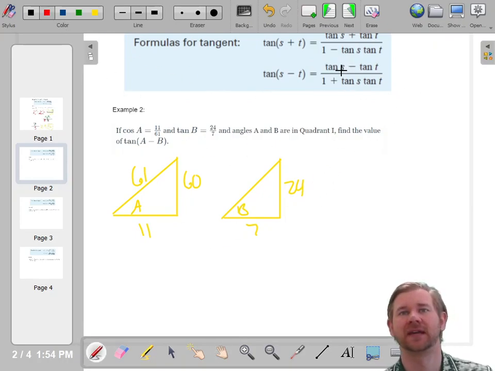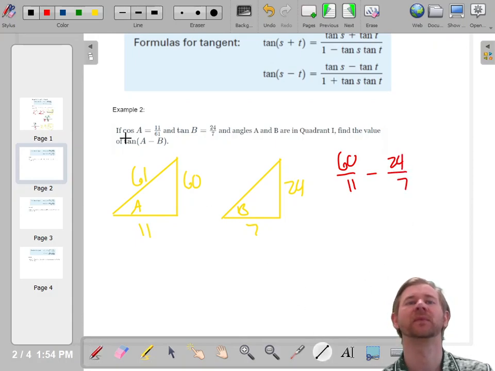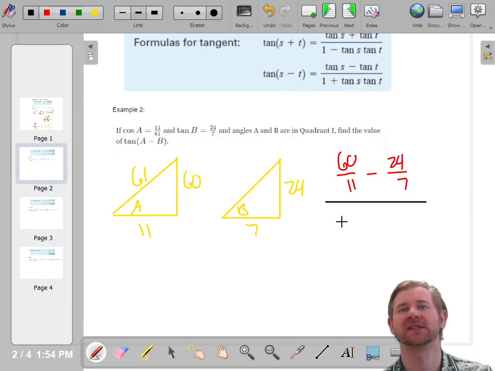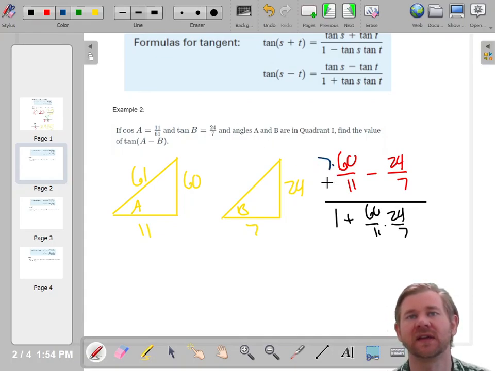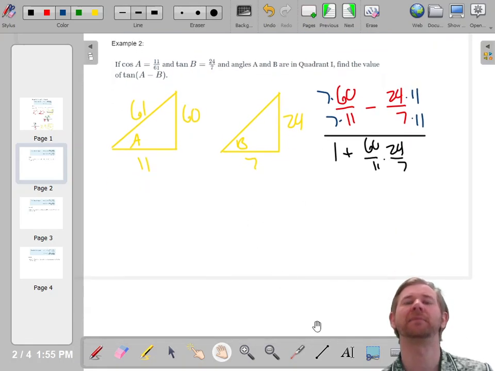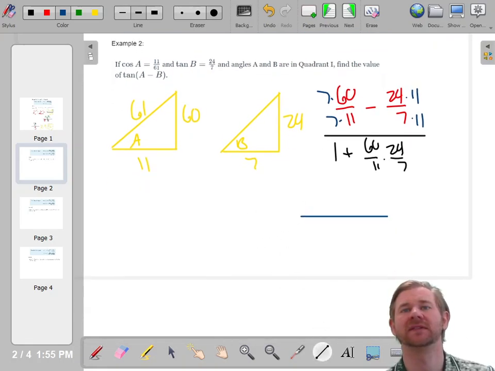I'm going to say the tangent of A, which is 60 over 11, minus the tangent of B, 24 over 7, all over, now be careful, the minus one has a plus in the bottom, 1 plus 60 over 11 times 24 over 7. So you start to see we're going to have to get a common denominator, 7 and 7, 11 and 11. In the top, I have a denominator of 77.